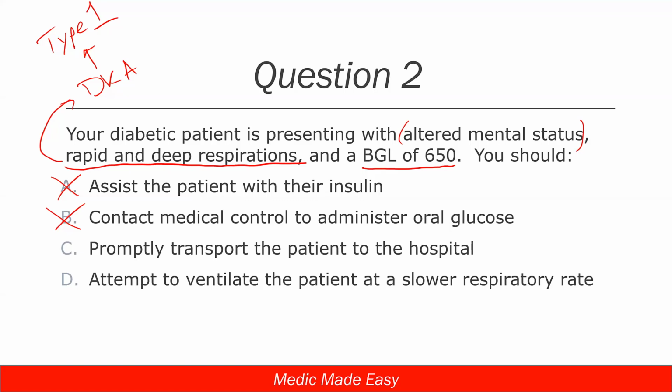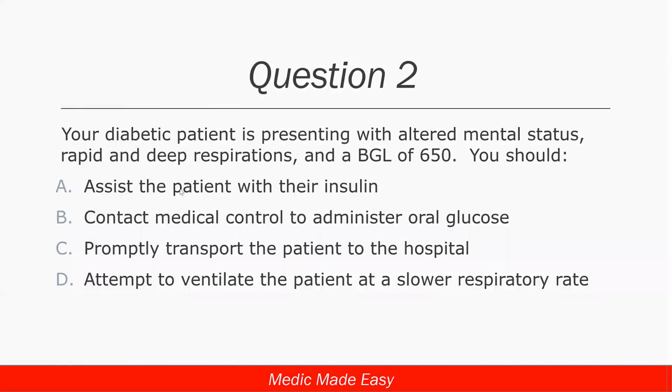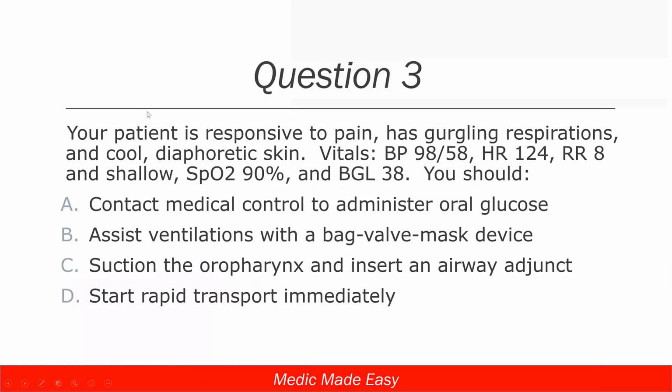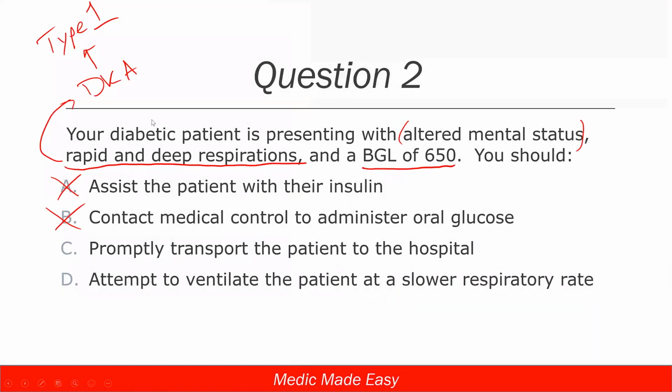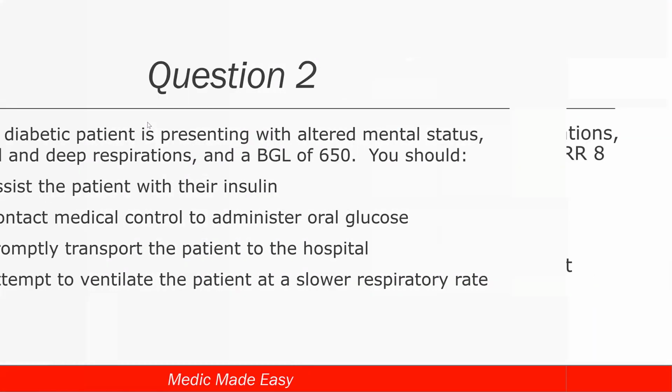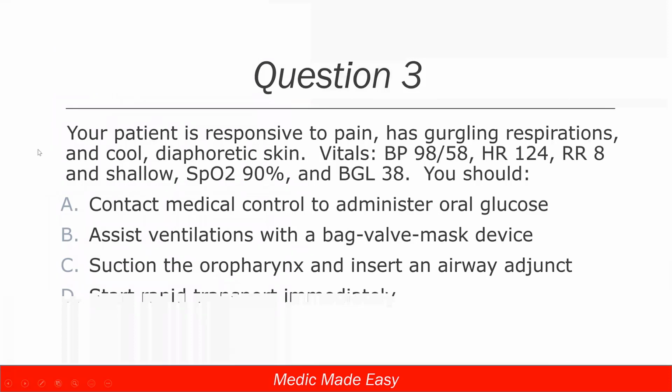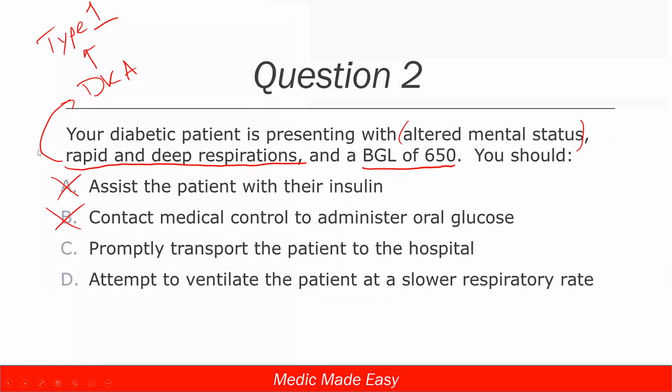In the context of this DKA diabetic patient, though, we have to remember that those deep and rapid respirations are called Kussmaul respirations. That's a compensatory mechanism that the body has, right?